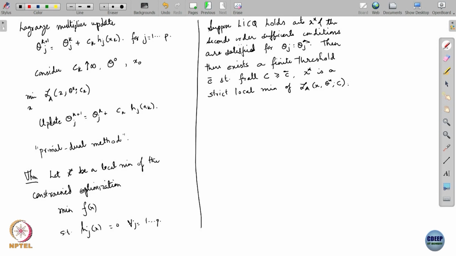Now, what one can do is build on this and work with not the exact value of the Lagrange multiplier, but rather a value of the Lagrange multiplier that is approaching the optimal, and then from there one can conclude the convergence of the augmented Lagrangian method to a KKT point of the constrained optimization problem.